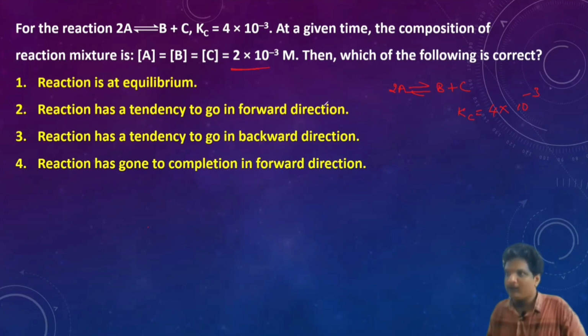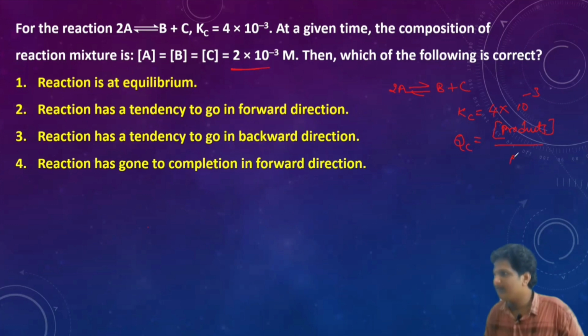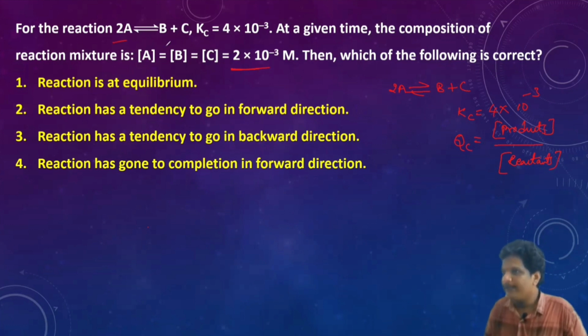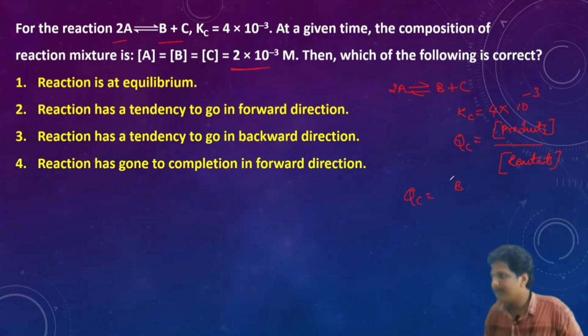In order to find that, you have to correlate this equilibrium constant with the reaction quotient, that is Qc, where Qc is equal to the concentration of the products by the concentration of the reactants. Here the reactants are 2A and the products are B plus C. So Qc is equal to concentration of B into concentration of C by concentration of A to the power 2.